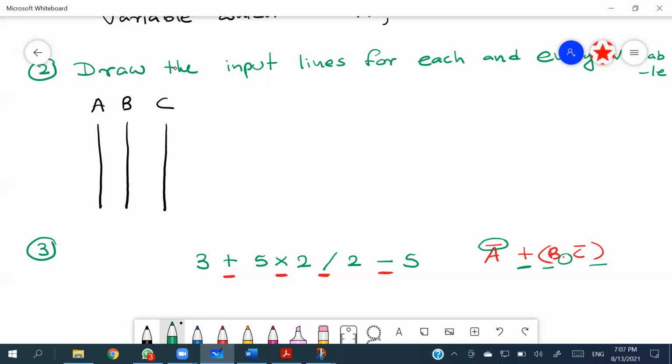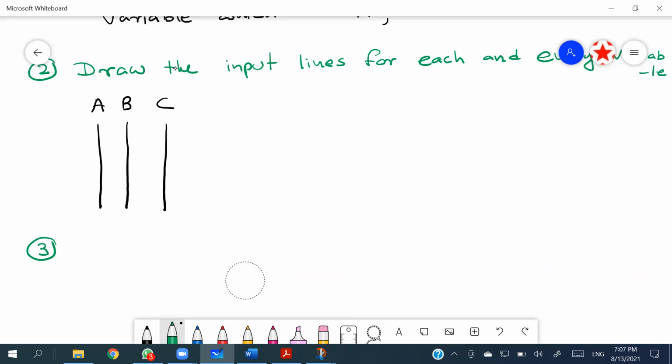So once we know the order to treat these operators, then drawing this circuit is a piece of cake. You only need to remember the order of treating these operators. So what should be the order? The order should be: brackets come first.